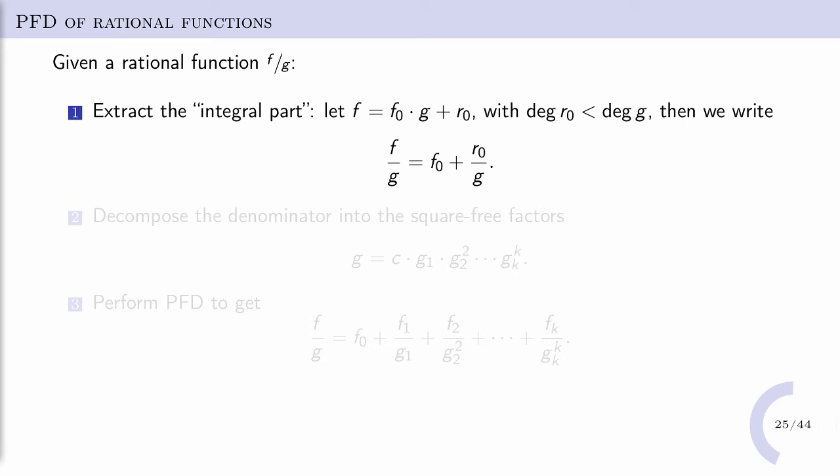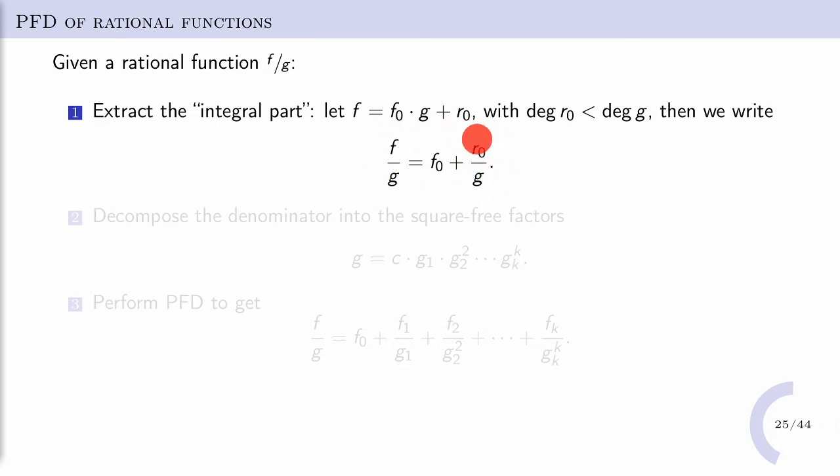In such a case, we divide with a remainder. We compute the quotient and the remainder of f over g, and this quotient is the polynomial part, the counterpart of the integral part. So this is the polynomial part of this fraction.